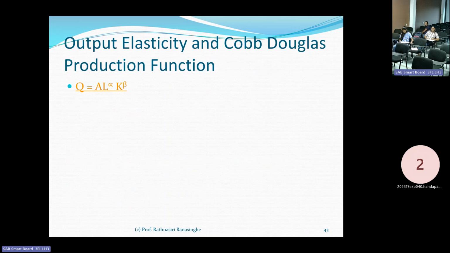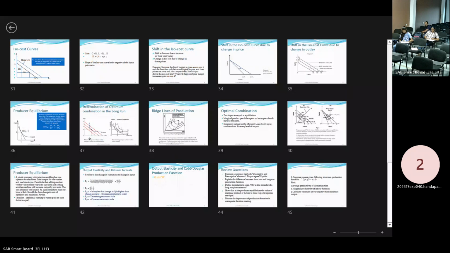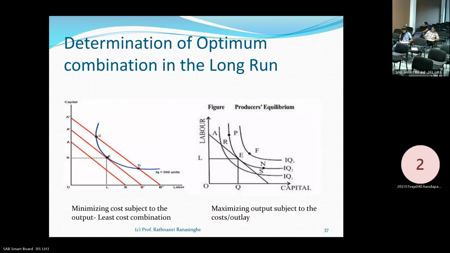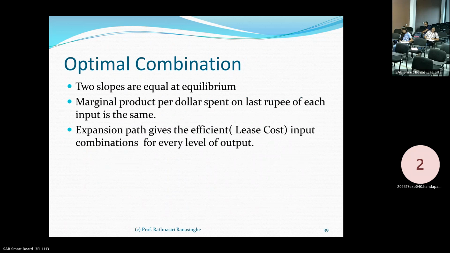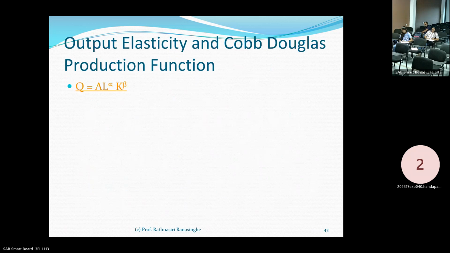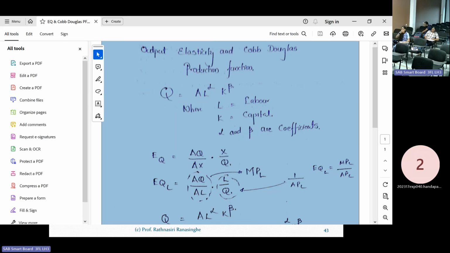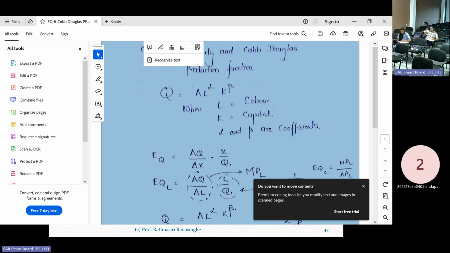Now this is the long run situation. This is the equation, with alpha and the beta.